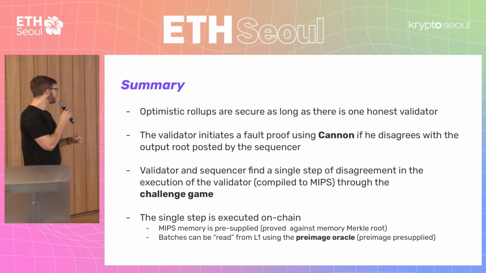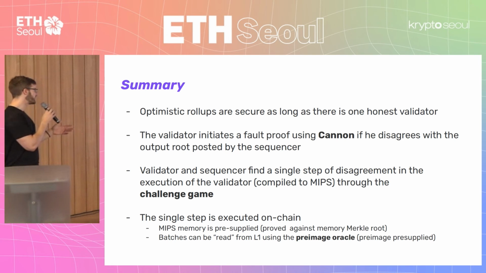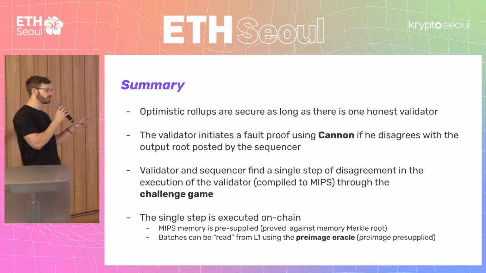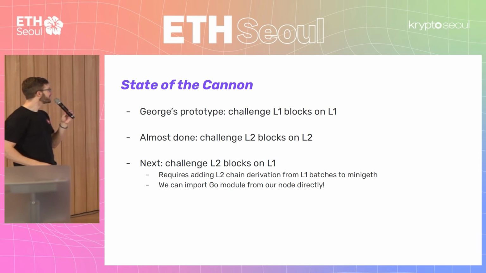So this is called the challenge game. And finally, the single step is executed on-chain, and we can access the memory of the validator through some Merkle proof, and the batches of transactions that are being executed can be read using the preimage oracle. And yeah, that's how it works.